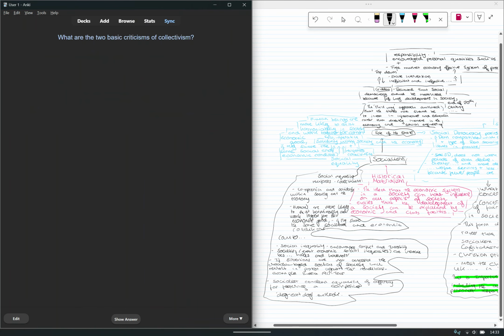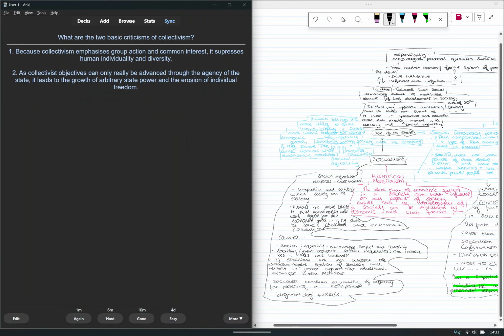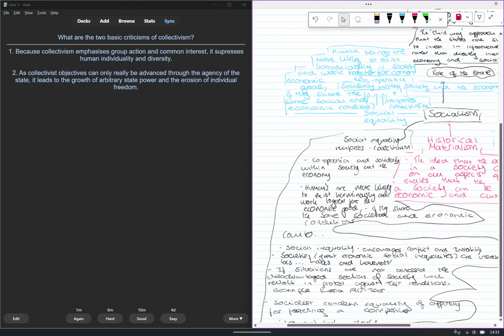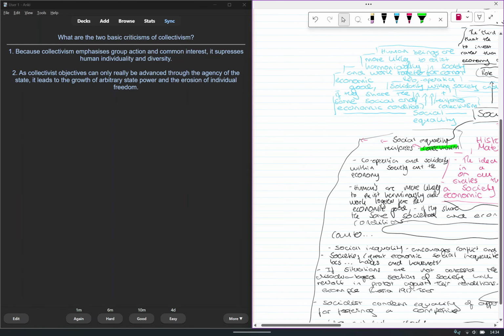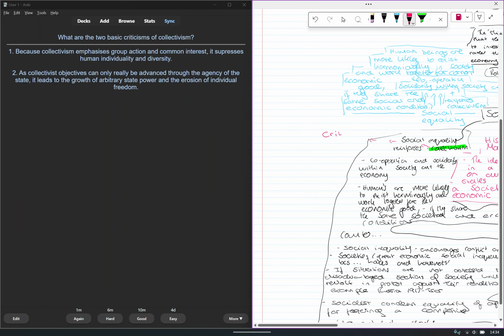What are the two basic criticisms of collectivism? We already have the collectivism point here. Now what you want to do is highlight this here, and let's draw another arrow off this, like this. And then you say critiques of collectivism. Now, what is a critique of collectivism? Let's do this now.